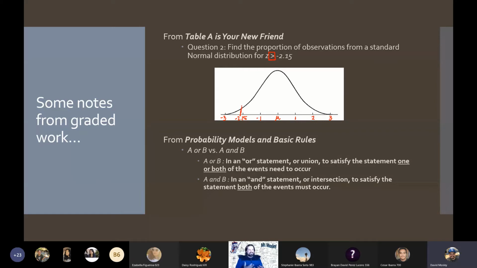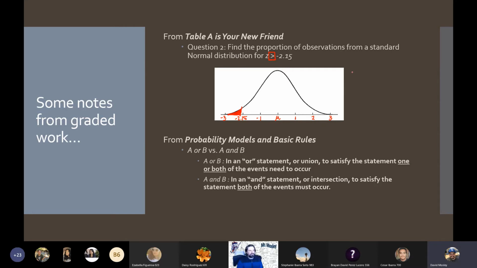When you look this z-score up on table A, the proportion it tells you is the proportion of area under the curve to the left of negative 2.15.